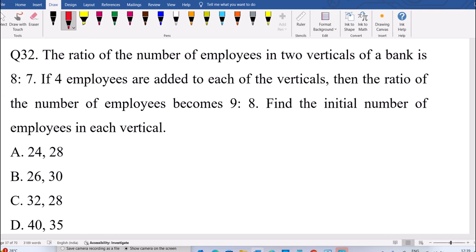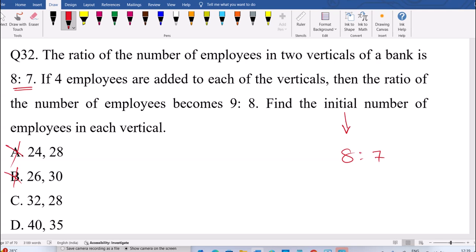See, this type of question I think you can attack directly. Initially, they said ratio is 8 is to 7. First one more, second one less. I can eliminate A and B options directly because they're asking initial. Initially, it must be 8 is to 7 ratio.